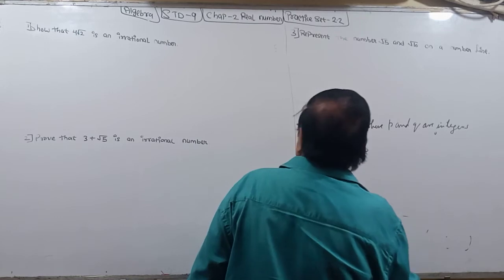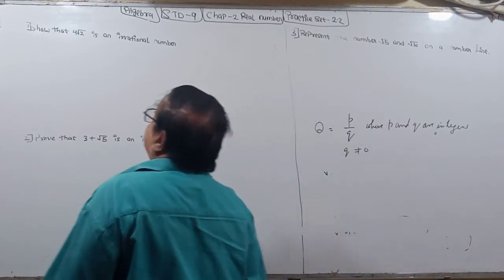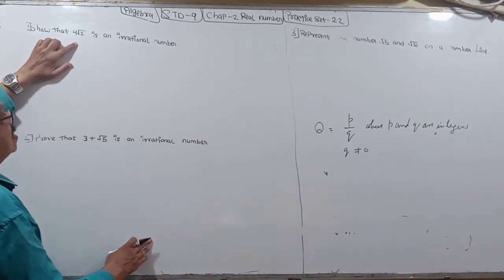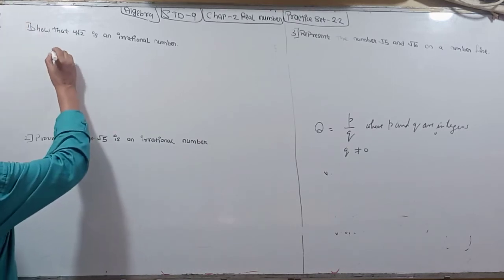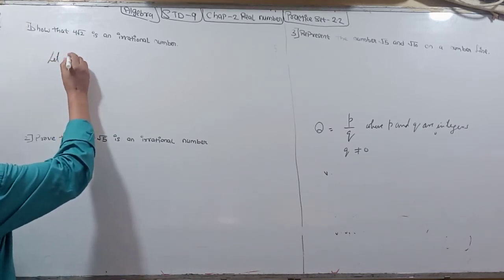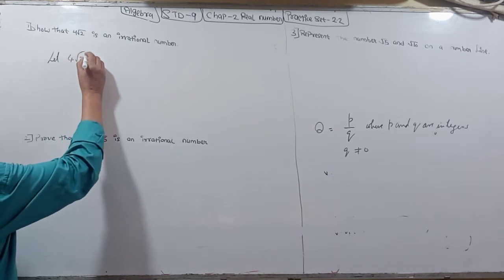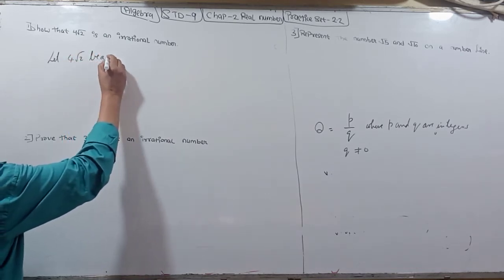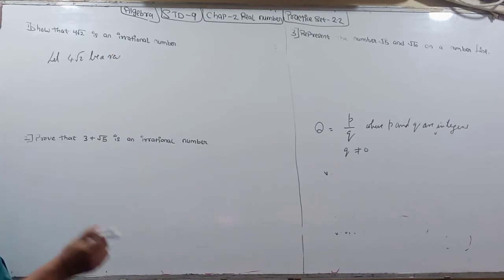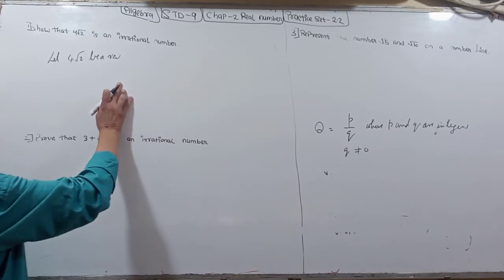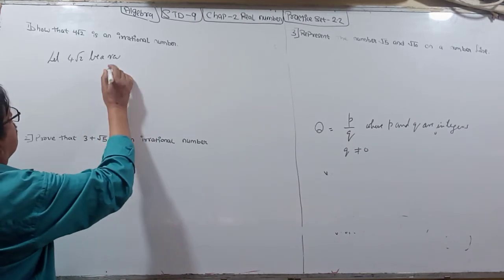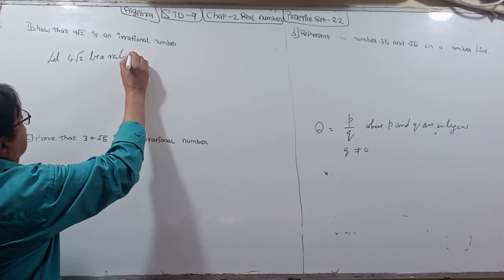Now, prove that 4 root 2 is an irrational number. Let 4 root 2 be a rational number. This is an indirect proof, where we will prove that our assumption is wrong. We are assuming that 4 root 2 is a rational number.